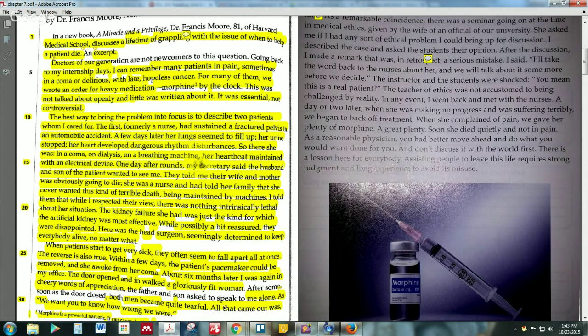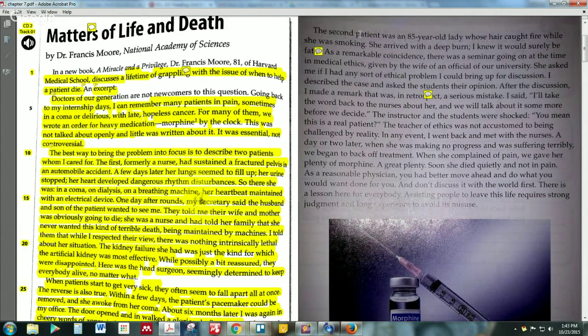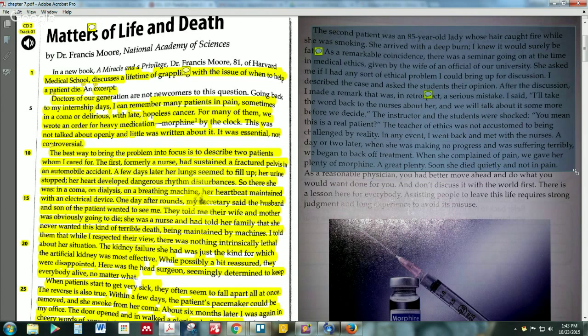Okay? And then on this side of the page, starting with this transition, can I do it? Oh, it's not letting me do it. Okay, well, all of this is another example, starting with the second patient.